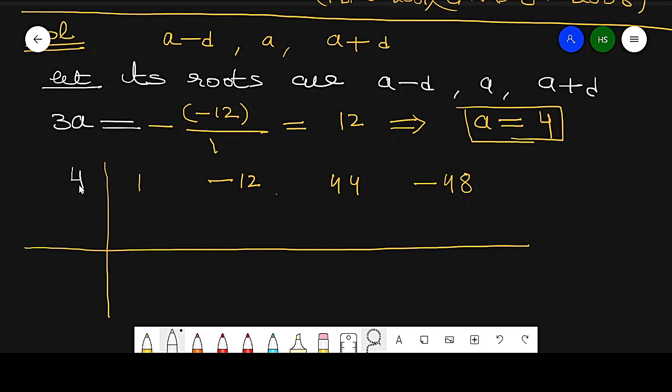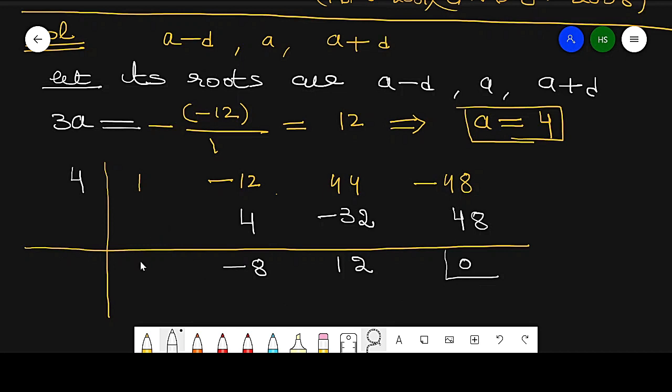Now multiply 4 into 1, this is 4. Then adding, this is minus 8. Now minus 8 into 4, minus 32. So this is 12. So 12 into 4, which is 48. So the remainder is 0. It means our root satisfies the given equation because the remainder is 0.